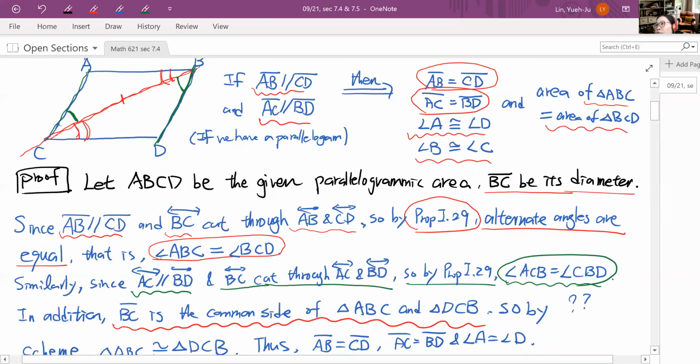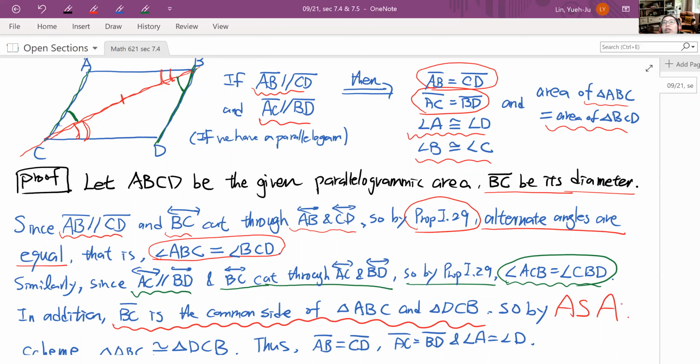Joe says it's ASA, right? You have angle, side, angle. I hope there's no disagreement on this. So by angle-side-angle, I put the question mark here. Be careful when you write the homework: when you cite a congruence scheme, please convince yourself, and convince me, that you really have the criteria.